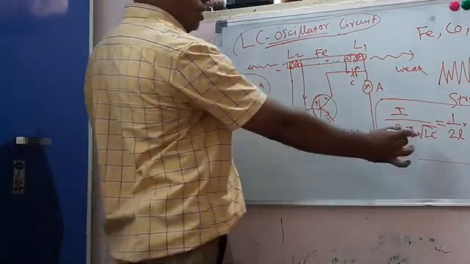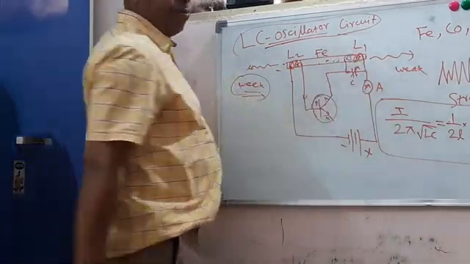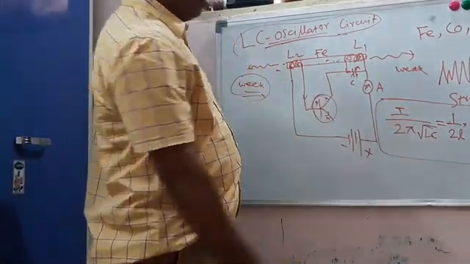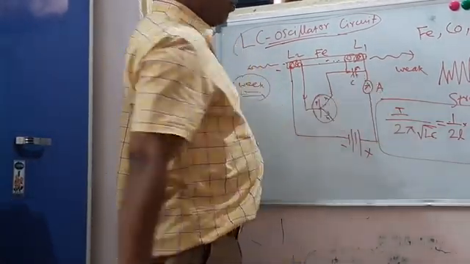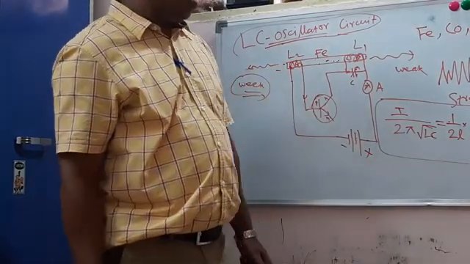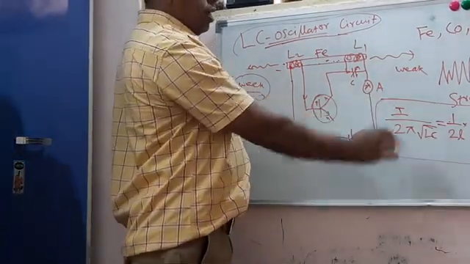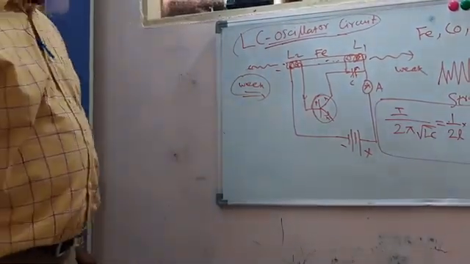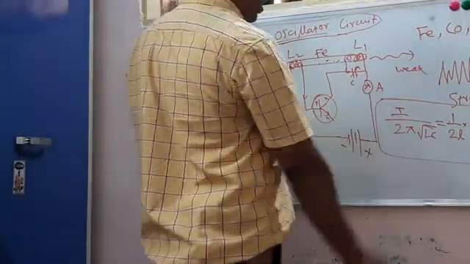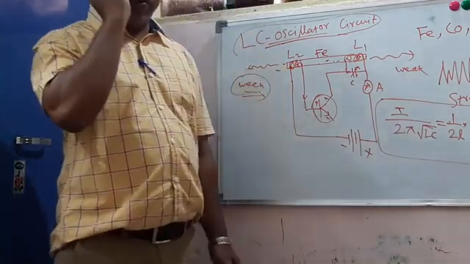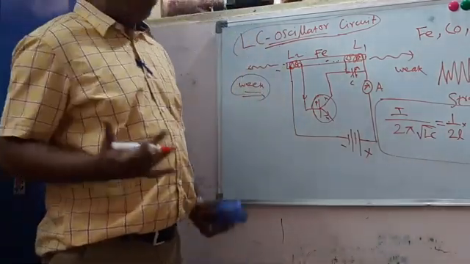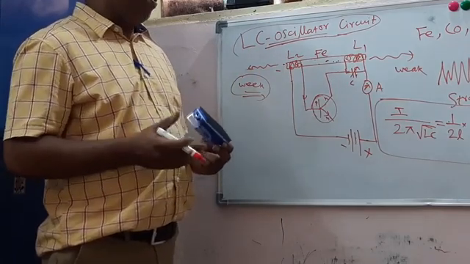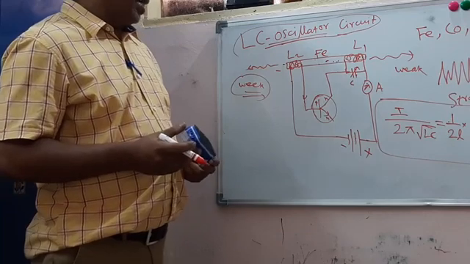L is the inductance, C is the capacitance, and I is the current flowing through the ammeter. Usually, current will be maximum at resonance condition. So at resonance, you will get very strong, high intensity, maximum power ultrasonic waves.